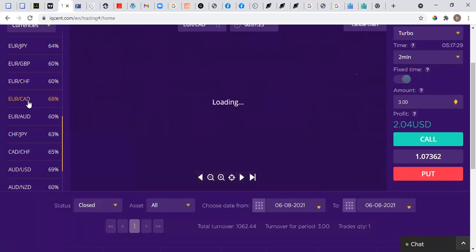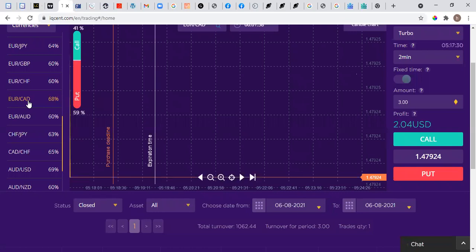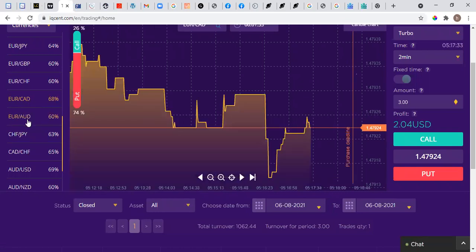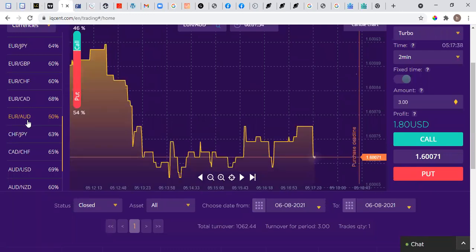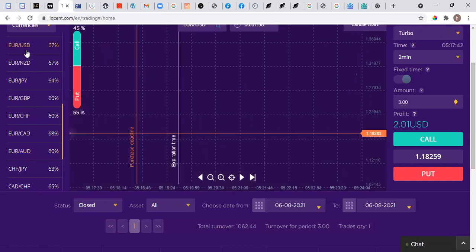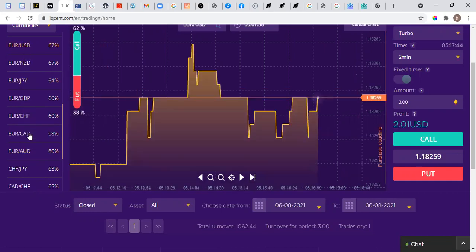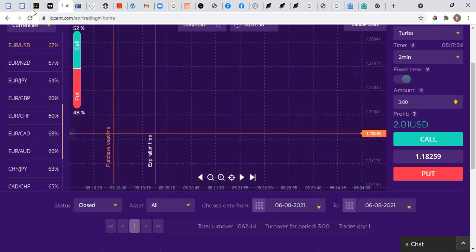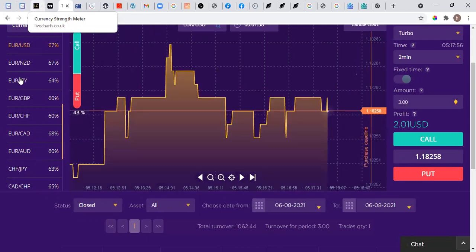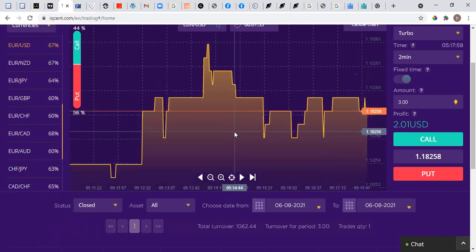Let me check other currencies. So they are moving. It's almost the same for all the Europeans. It's very, very inactive.